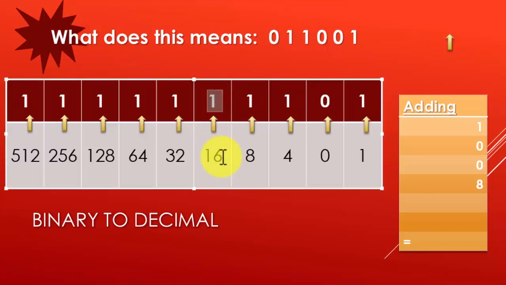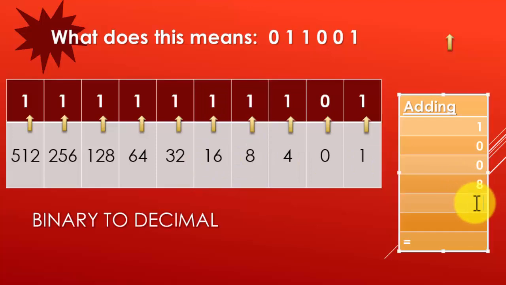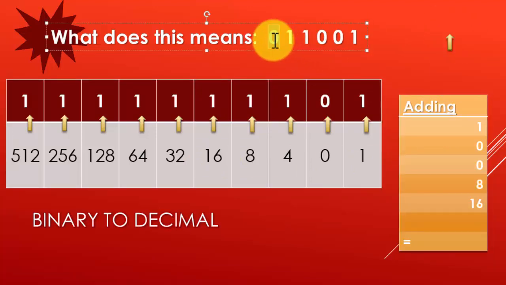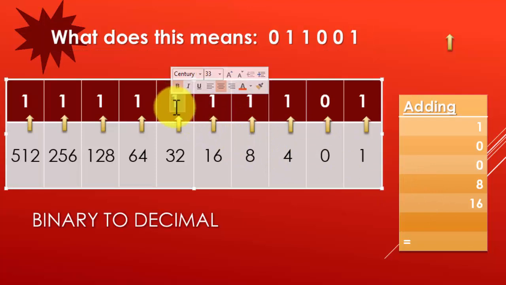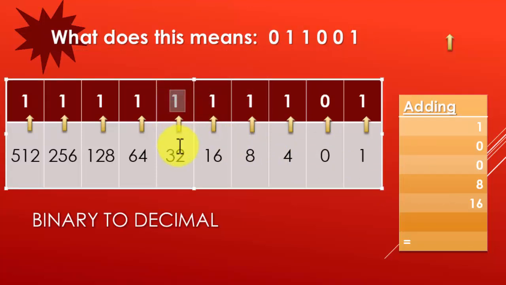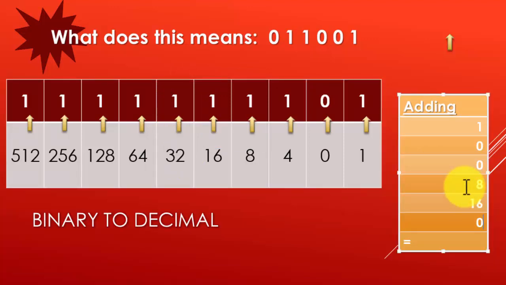You will understand it has a value of 16. And in the sixth bit there is 0. Wherever the 0 is, the value will always be 0.